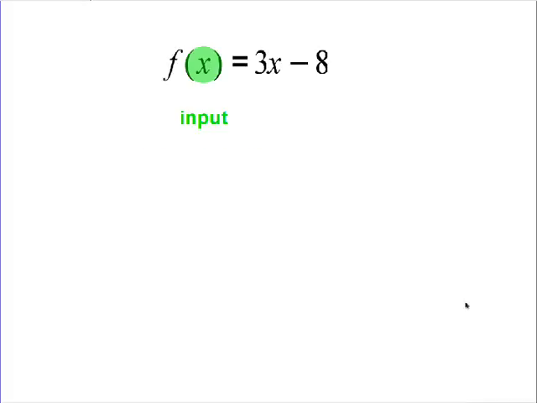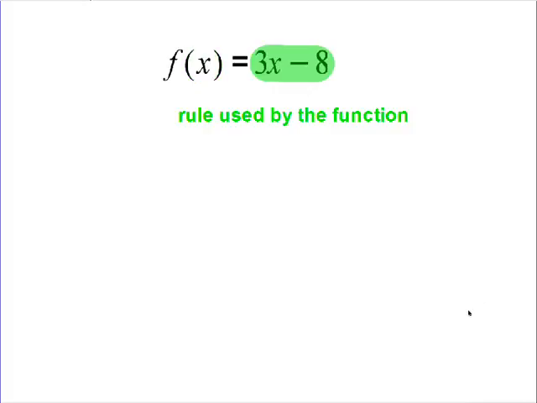This is function f. Whatever is inside the parentheses is the input. So that's what we're going to put into the function. We can also replace the x with a number. So I could tell you, just like we did earlier in this chapter, that x is 4. And we could put a 4 in the parentheses, which would mean 4 is the input and 4 goes into the function. 3x minus 8 is the rule that is used by the function.